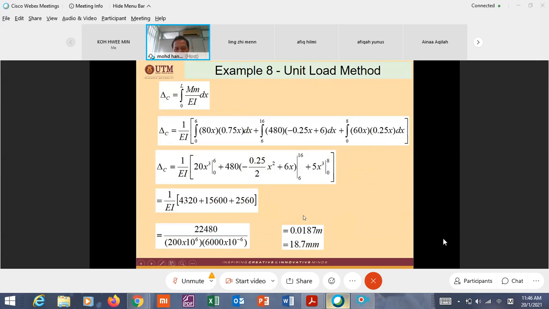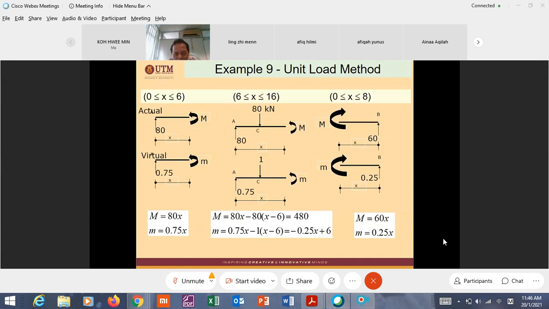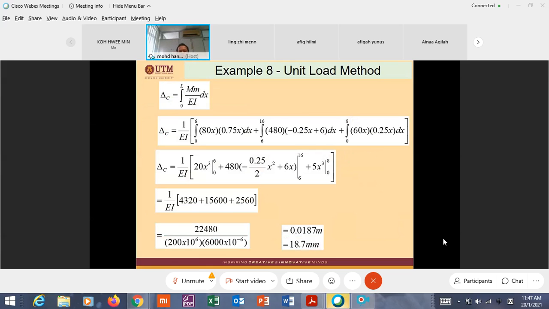Correct, 480. Okay. Integration of this equation here. The first is integrated between 0 and 6, this one is integrated between 6 and 16, and this one is integrated between 16 and 24. Or in this case, 0 to 8 from the right.